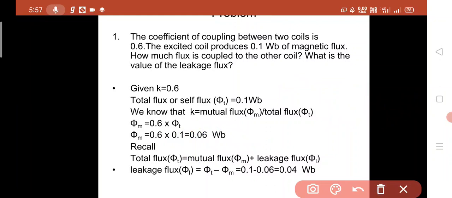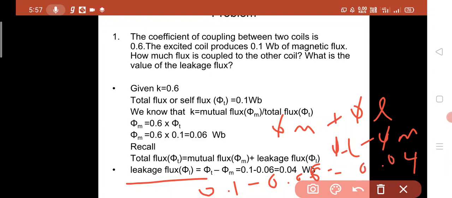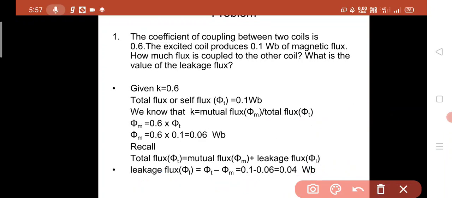Recall, the total flux φT is equal to mutual flux φm plus leakage flux φL. So leakage flux φL is equal to total flux minus mutual flux, 0.1 minus 0.06, so 0.04 Weber.